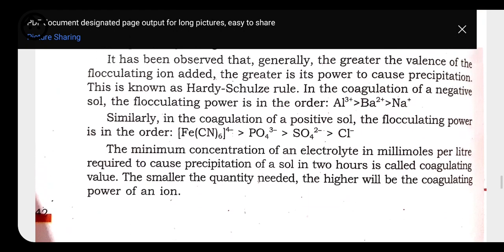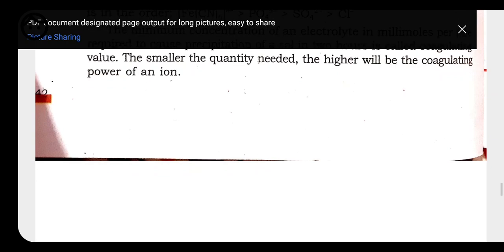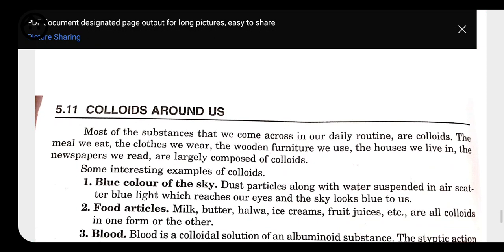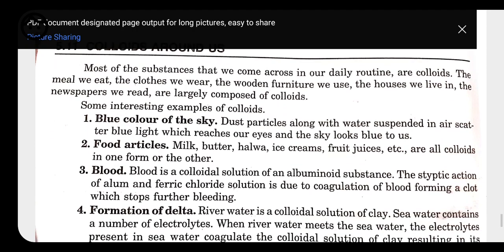So these are all about coagulation. After that we have some applications of colloids around us. The blue color of the sky, or whatever color or reflection we can see in water, is because of the scattering of light by dust particles present in the atmosphere.